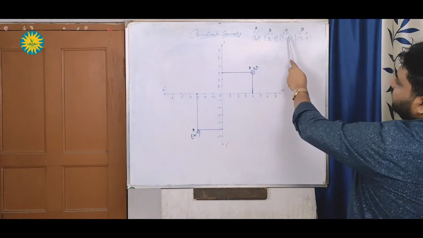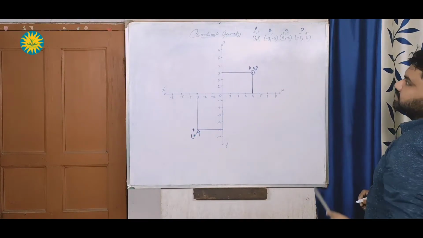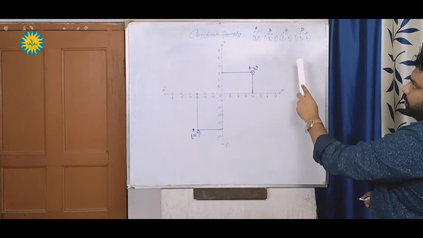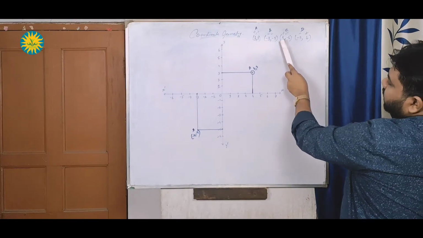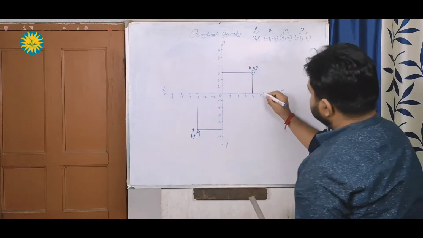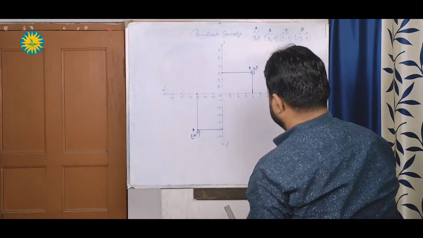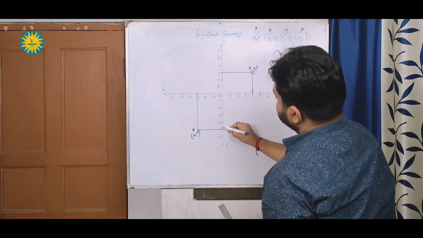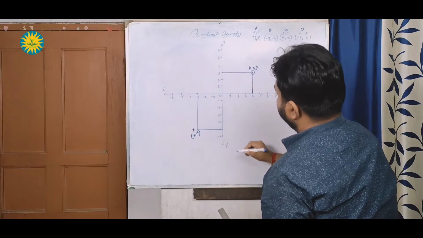Now point C, that is 5 comma -6. That is a plus-minus quadrant, which means the fourth one. In the x coordinate, 5 means 1, 2, 3, 4, 5. So this is our x coordinate, and -6, that is -1, -2, -3, -4, -5, -6, is our y coordinate.